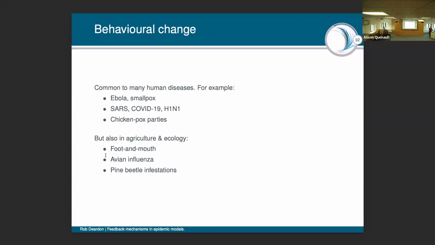And that happens when the outbreak is occurring, not when it's not occurring. Also happens in agriculture or ecology, that humans get involved. Farmers change the biosecurity measures on their farms, change the way they move animals because there's a disease in their area, right, or region.